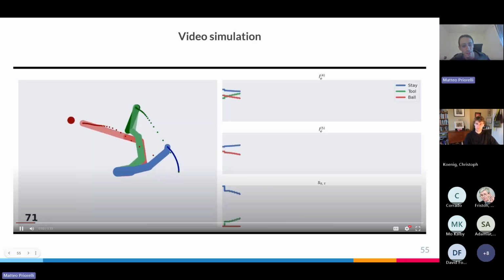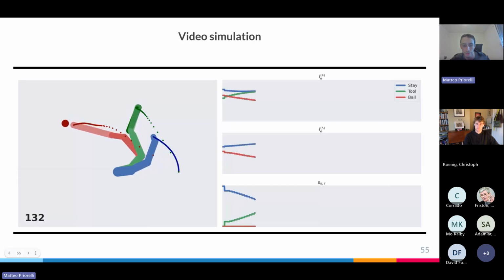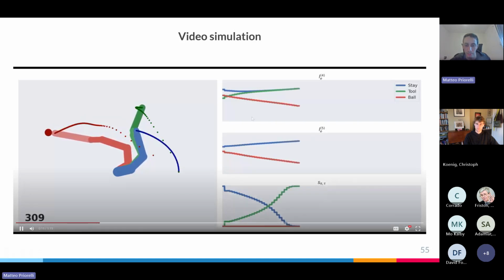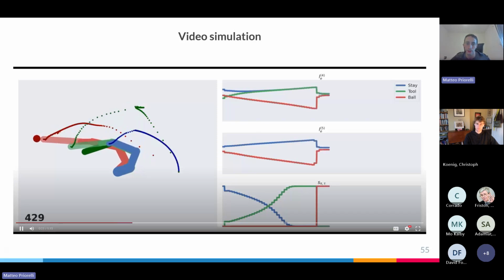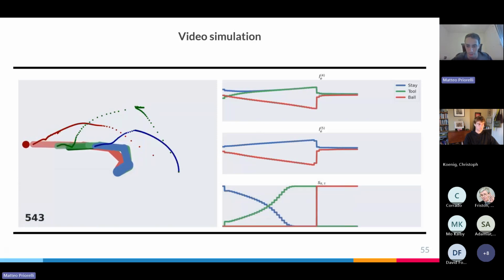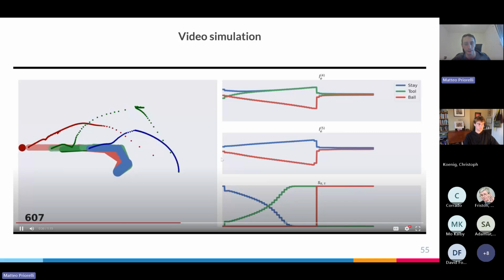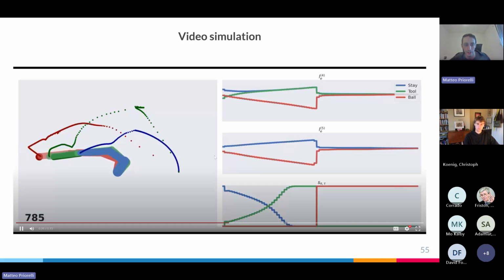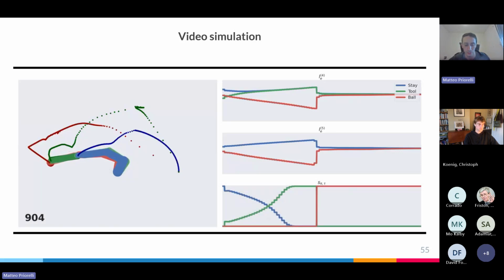You see that since the ball is moving away from the agent, the log evidence of both levels assigns lower and lower probabilities to the ball reaching action, and as soon as the agent grabs the tool, the discrete model imposes a prior over the second action, and all the three body configurations slowly align to the third one. As soon as the agent touches the ball, it continues to track it until the end of the trial.